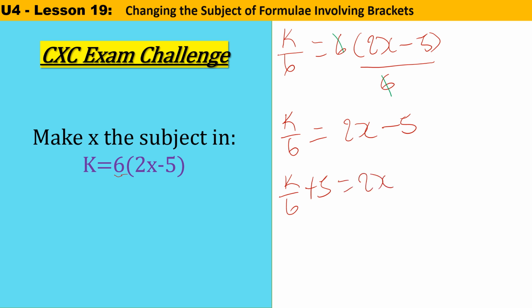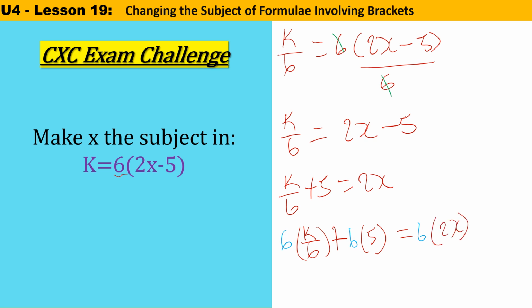Now from here, we are dividing by 6, so we are going to multiply 6 to everything. So the new equation would be 6 times k over 6 plus 6 times 5 equal 6 times 2x.